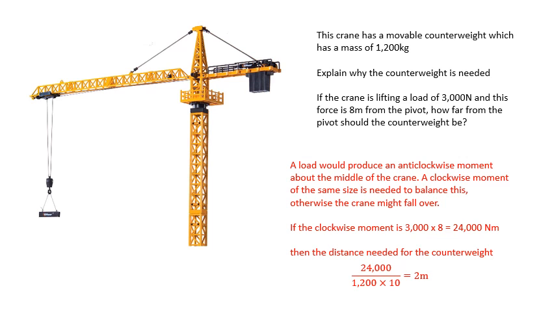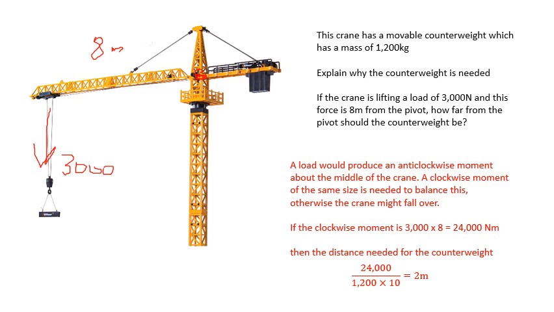Okay, so now the load would produce an anti-clockwise moment. Here's our load there. So we've got 3,000 newtons, and I said that this distance is 8 meters from the pivot, and the pivot is this point here.